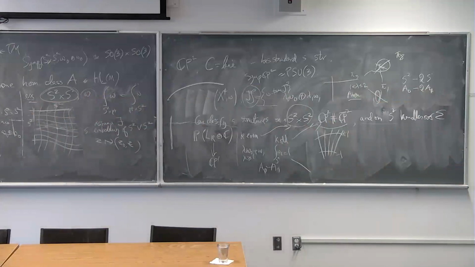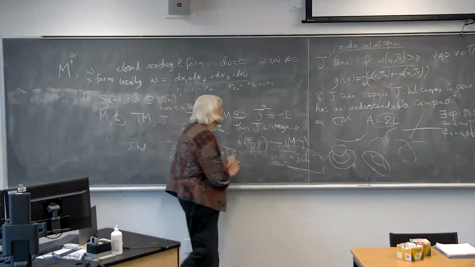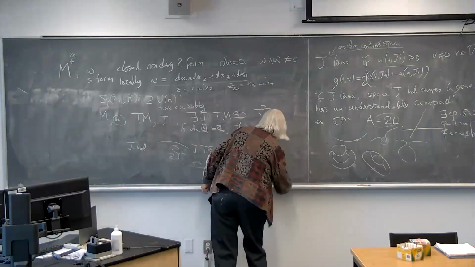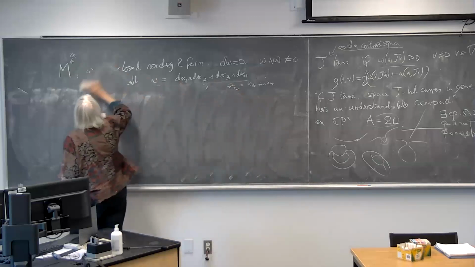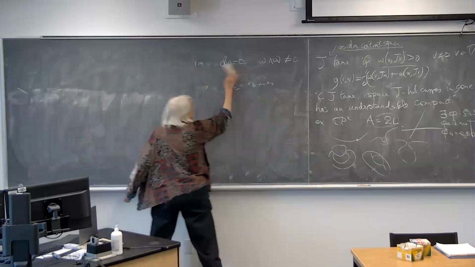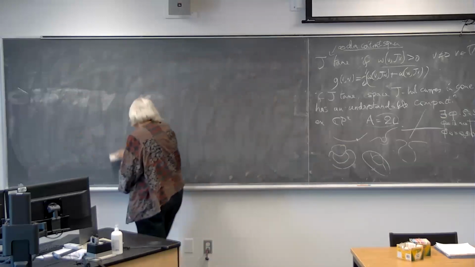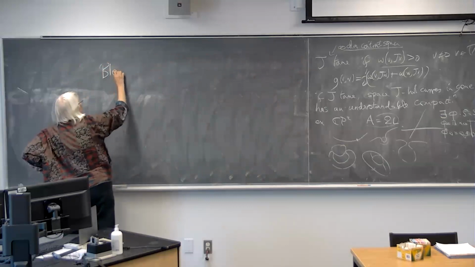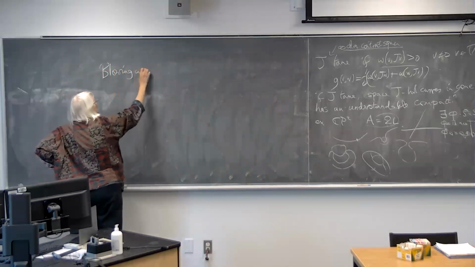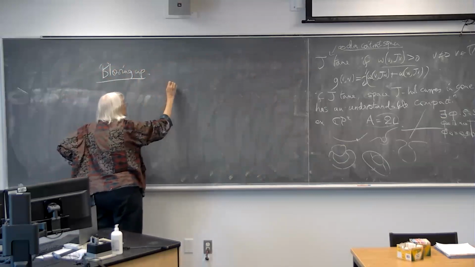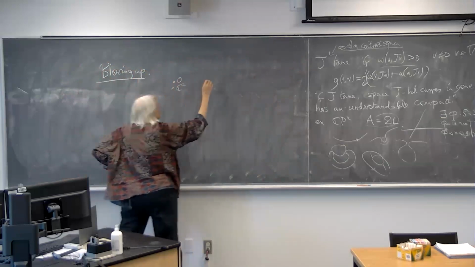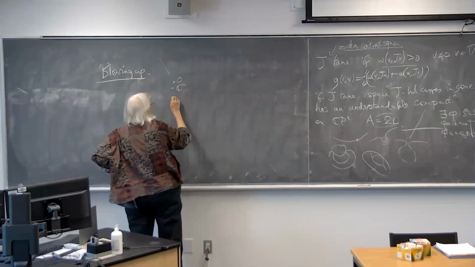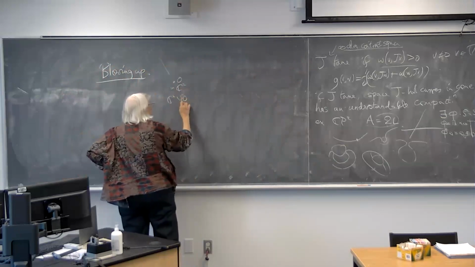So the second thing I wanted to talk about was blowing up, which is what you'd mentioned, what happens when you blow up. In the complex world, you take a point 0 sitting inside C2, and then you think of the complement C2 minus the origin.